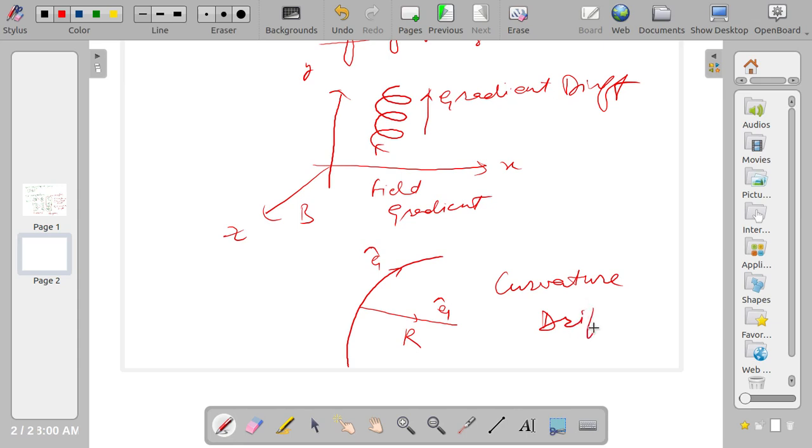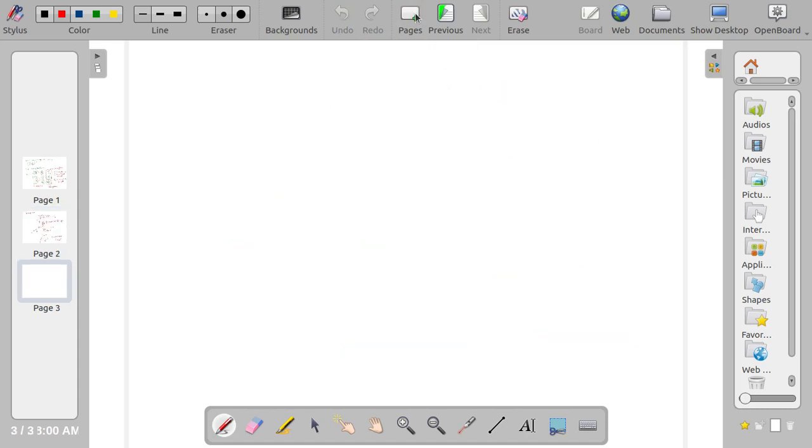So this article is split into three parts. First of all, I will talk about the divergence part. Then in the next, I will talk about gradient drift, and last one is the curvature drift. So let us start with it.